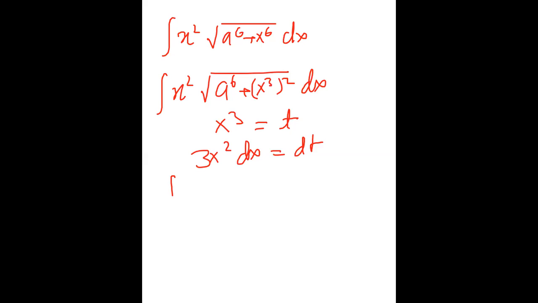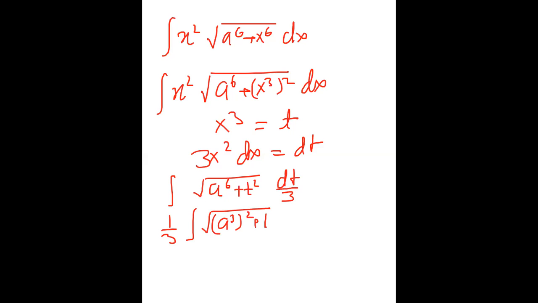So it will be the integral of under root a to power 6 plus t square, dt by 3. So 1 by 3 integral under root of a cube to whole square plus t square dt. So under root a square plus x square, this identity we need to apply.